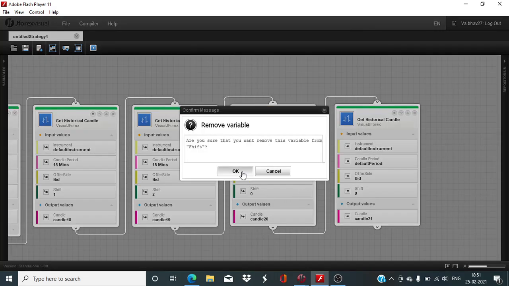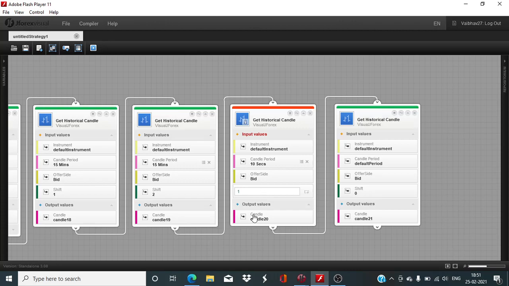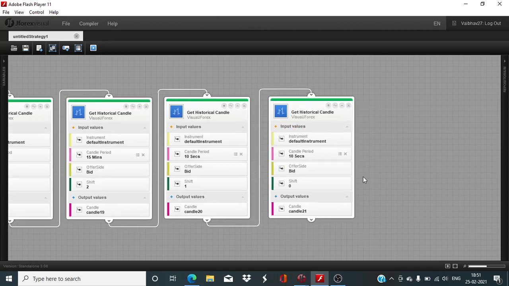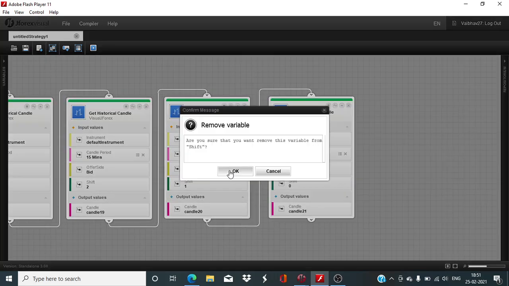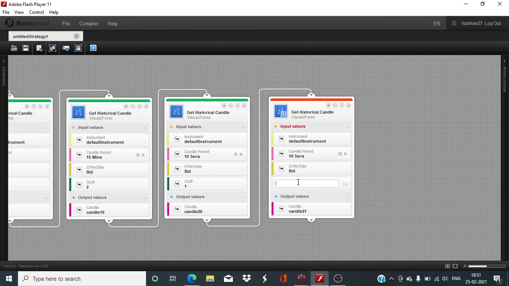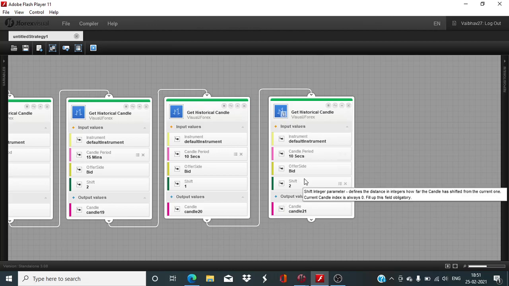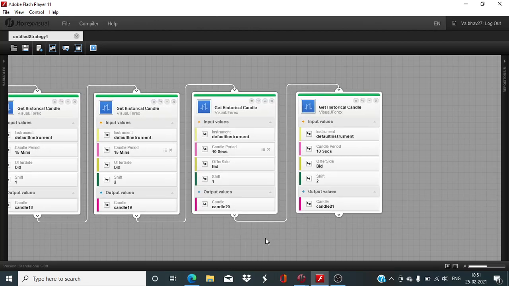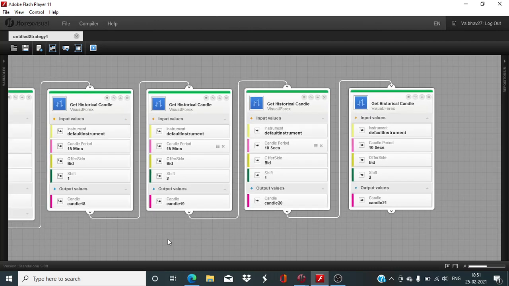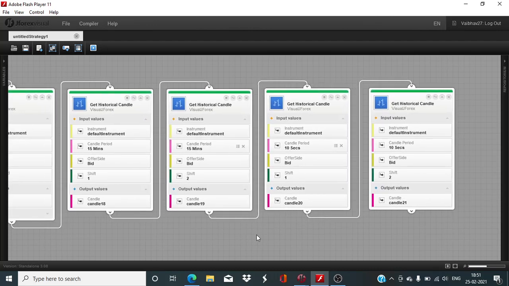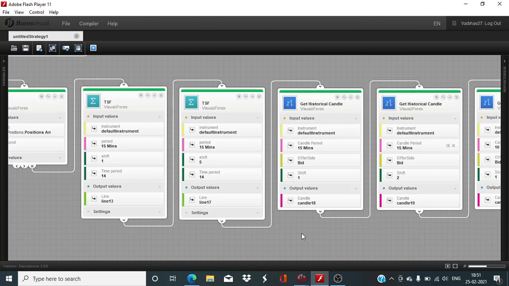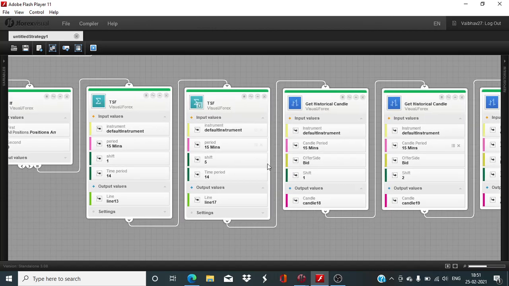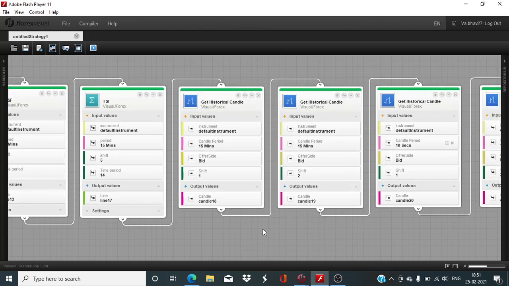Shift value of 1. This also 10 seconds with shift value of 2. Okay. So these are the basic building blocks for our algorithm, and using this we will be able to retrieve the data related to the TSF and then also the price action.